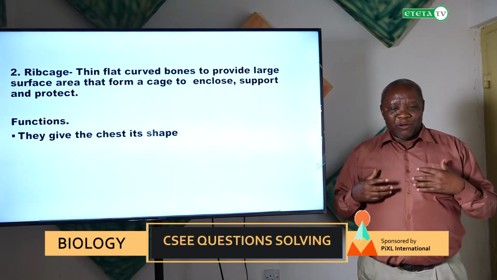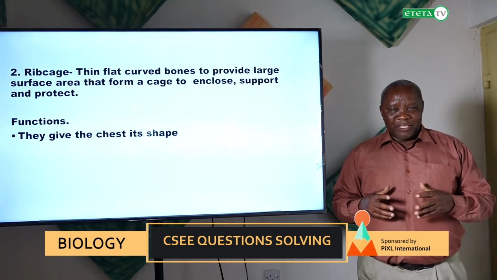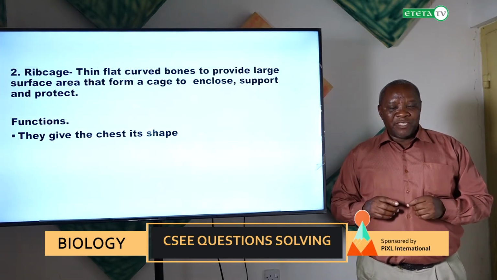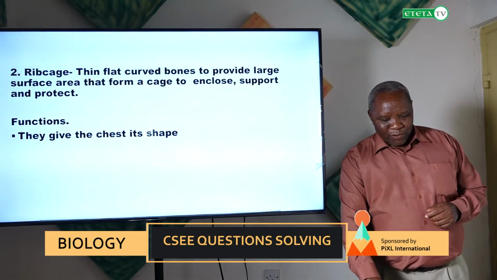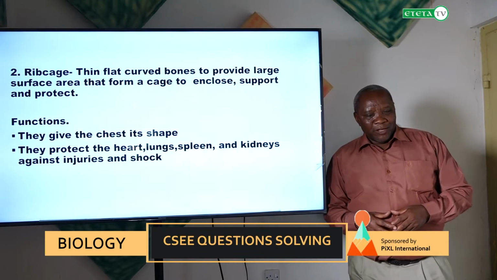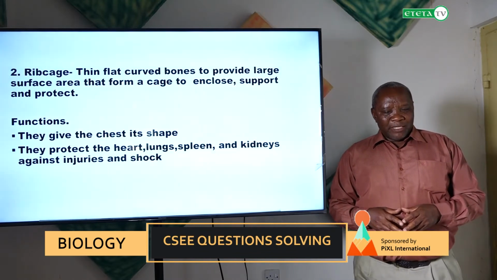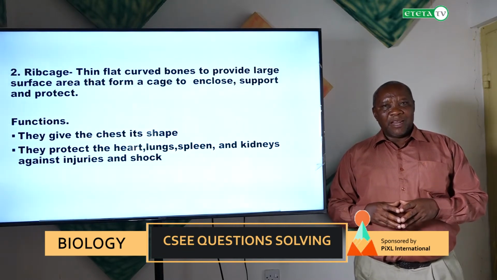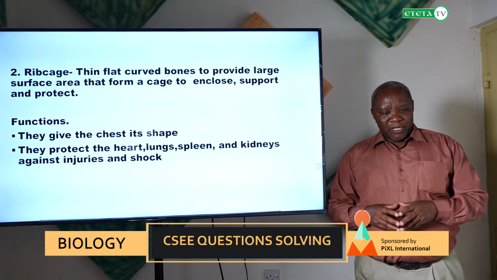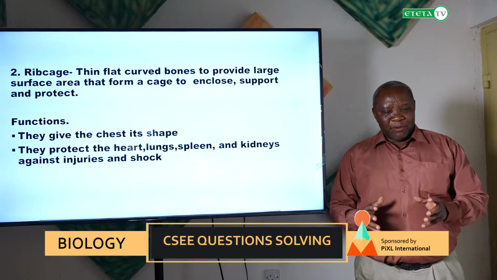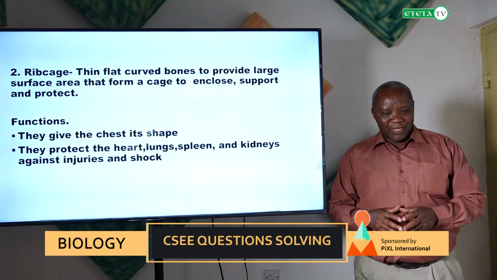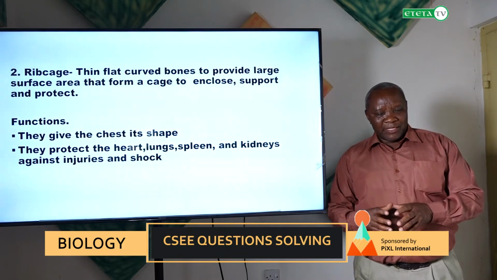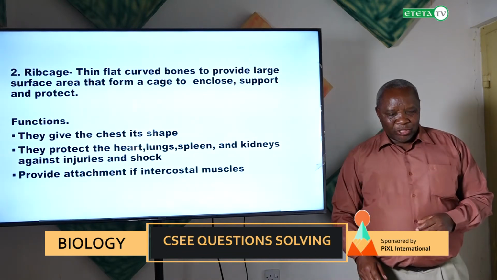Also, they protect the heart, the lungs, the spleen and the kidney, the internal delicate organs, against injury and shock.